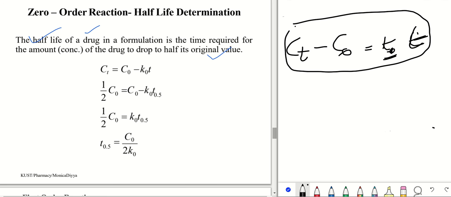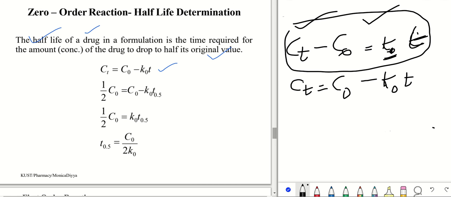We are already having this equation. Now we are discussing the zero order reaction. Ct is equal to C naught minus K naught into T. This equation is derived from the earlier equation. Now, from the definition of half-life, how can we modify this equation?